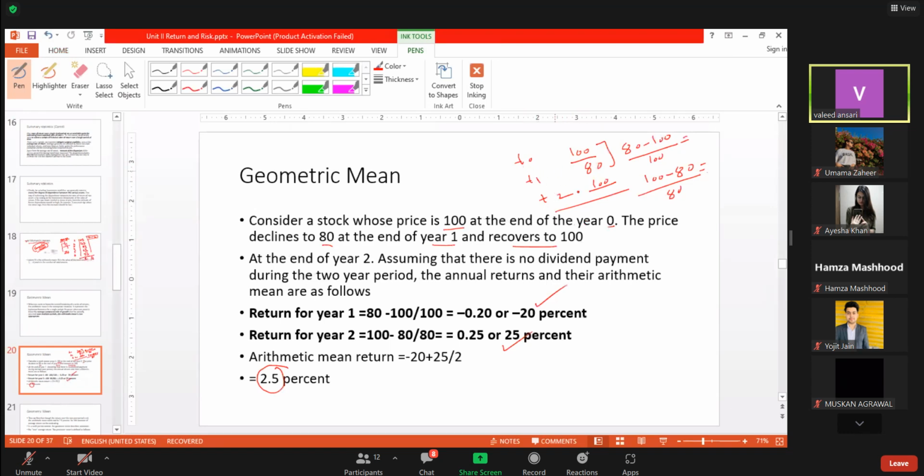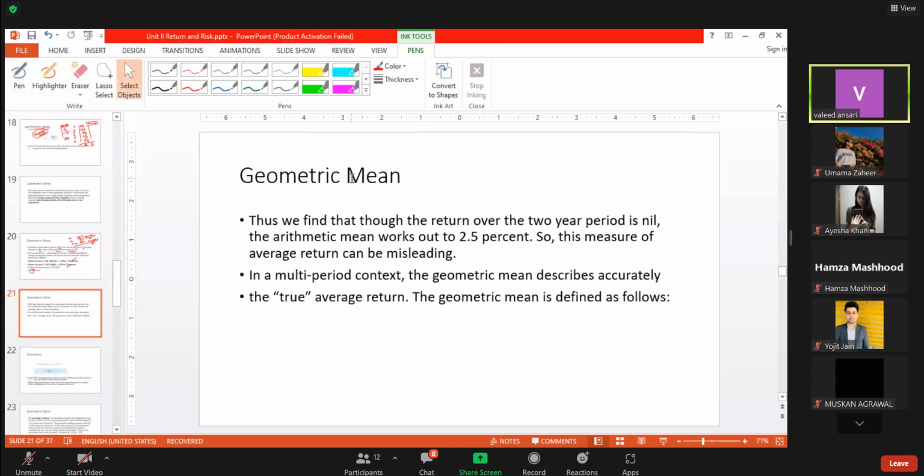Because the dispersion in the return is so much, the average provides a misleading figure, yet the price is still 100 from where you started. So that is why, if there is a variation, a dispersion in return, then geometric return is preferred over the arithmetic return, and that can provide a more reliable measure of the return.